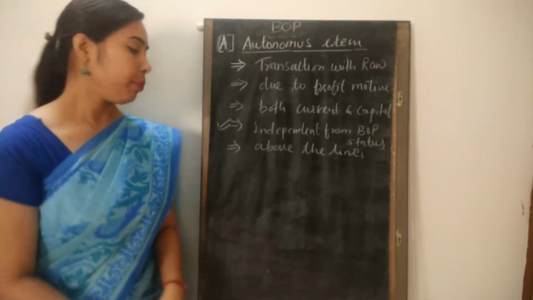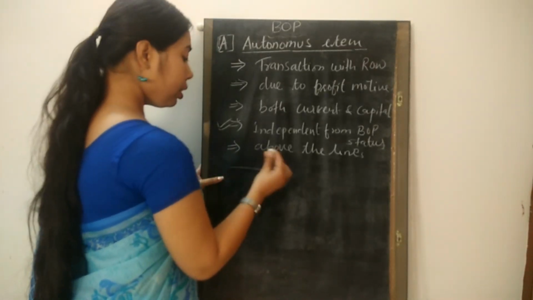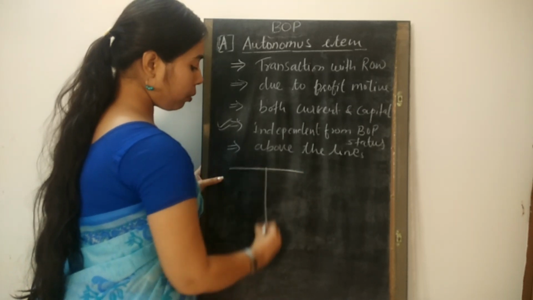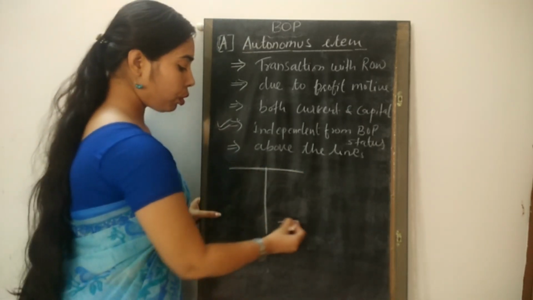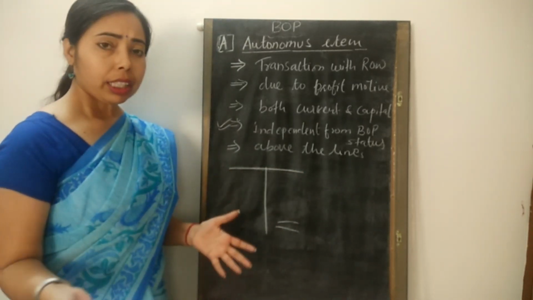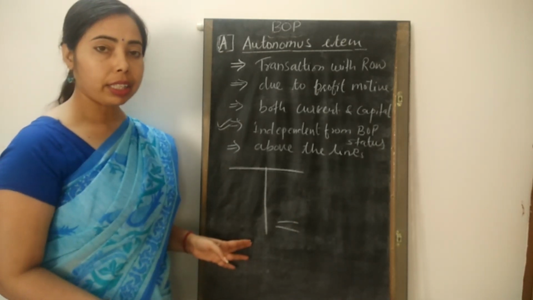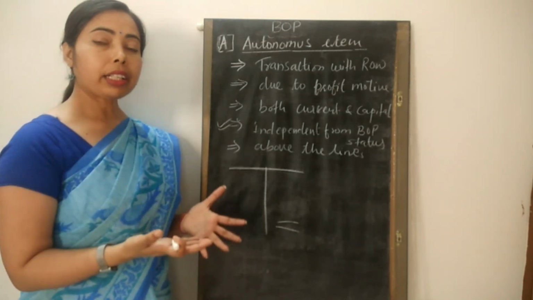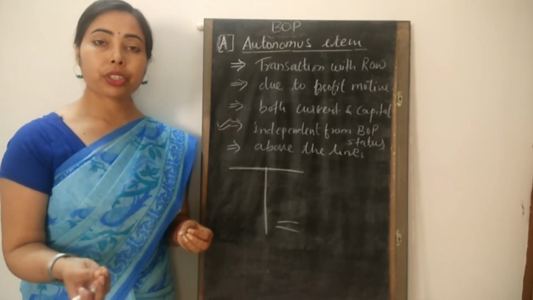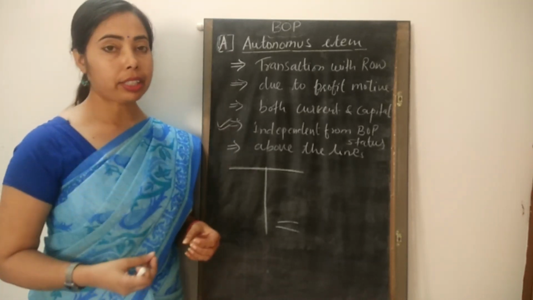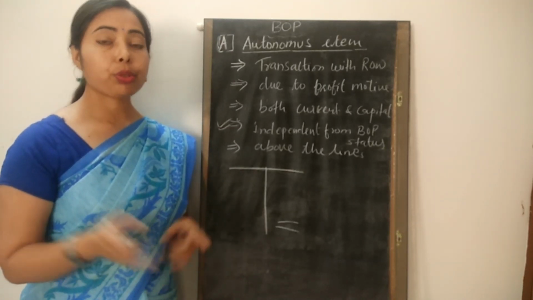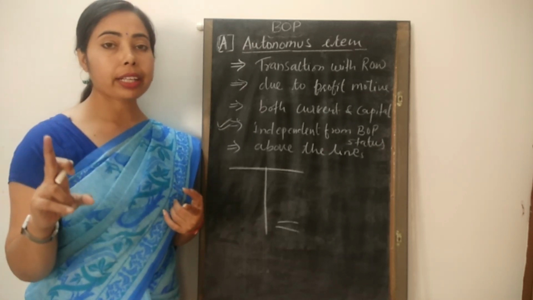Always remember, like I have explained, that we show the BOP account like this. Suppose the total of this side is more than the total of this side, or maybe in that accounting period only one transaction took place, like a unilateral transaction. We have already understood that a unilateral transaction is a one-sided transaction.